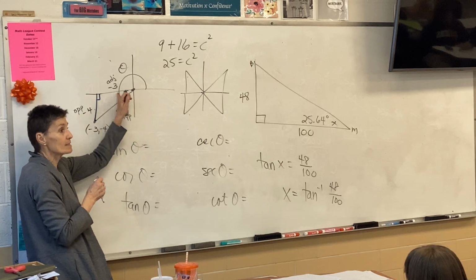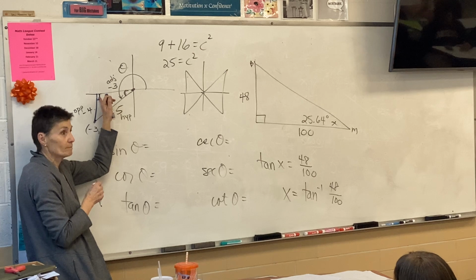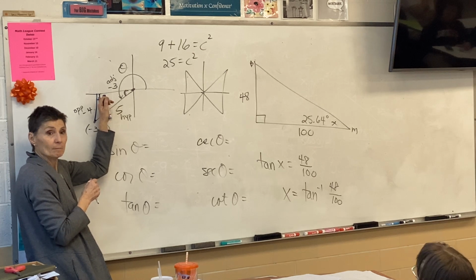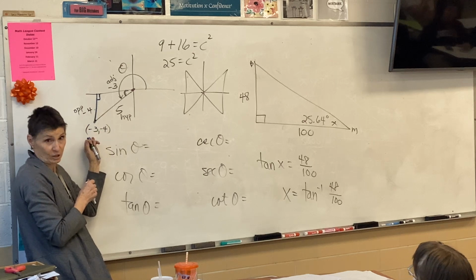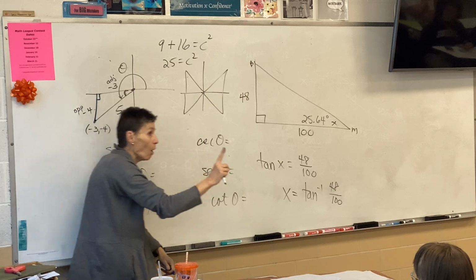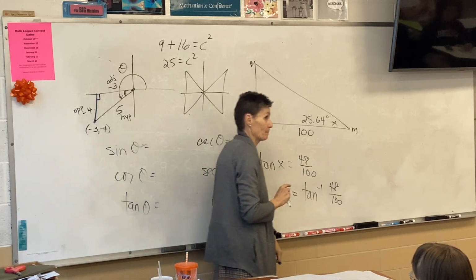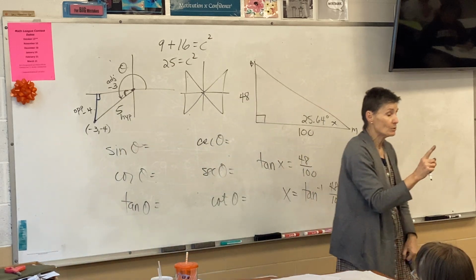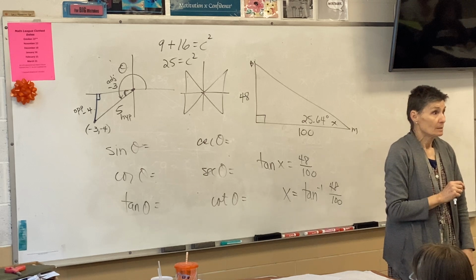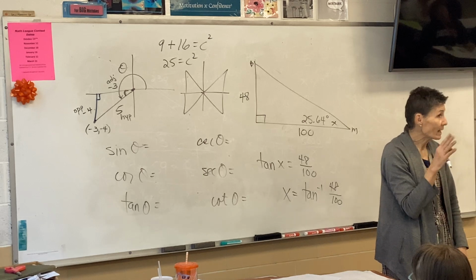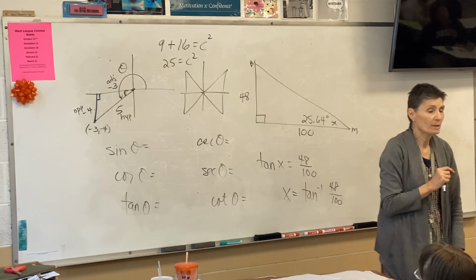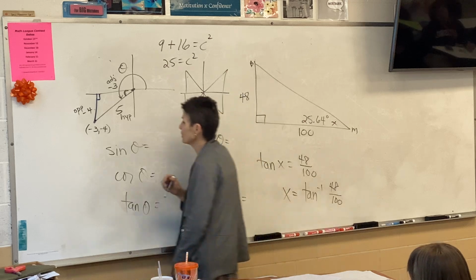Because it is left of the origin. Why is the y side negative? Because it's below the origin. The hypotenuse is always positive. X can be negative, Y can be negative, not hypotenuse. Okay, so answer the question, here we go.